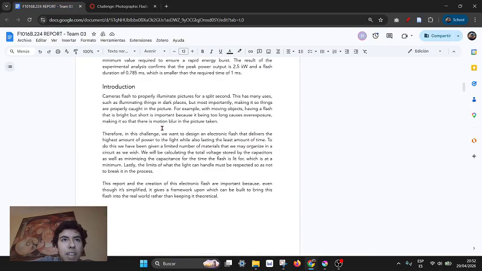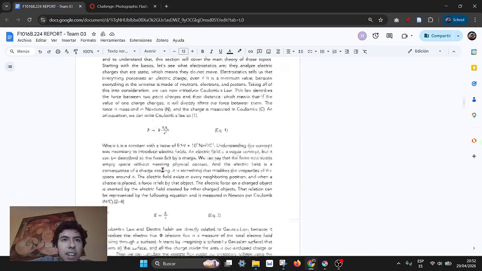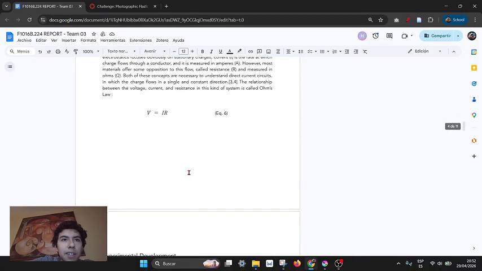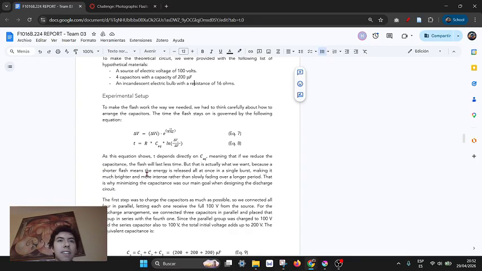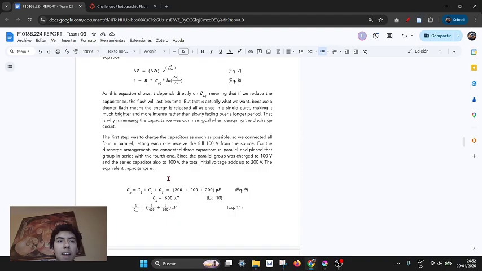So this is our report. We have here the abstract, the introduction, yada, yada, yada. We lay out all of the information like I just did. And this is the equipment, the experimental setup. So this is what we're going to do. First off, we're going to arrange the capacitors in such a way that the capacitance is at a minimum so that the time that it flashes for is also at a minimum, but it also doesn't pass over the limit and burn our light bulb.